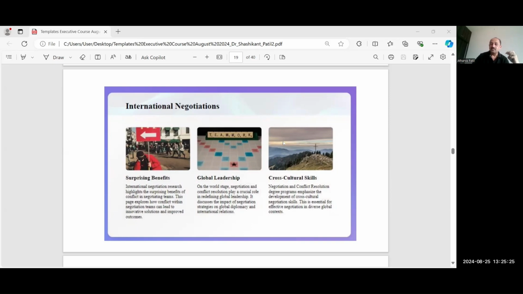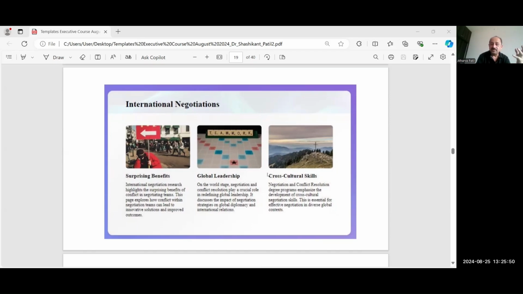Also, if you work on international negotiations, global leadership, negotiation and conflict will play a crucial role in redefining global leadership. It portrays the impact of negotiation strategies on global diplomacy and international relations. Negotiation and conflict resolution degree programs emphasize development of cross-cultural skills, and this is essential for effective negotiation.